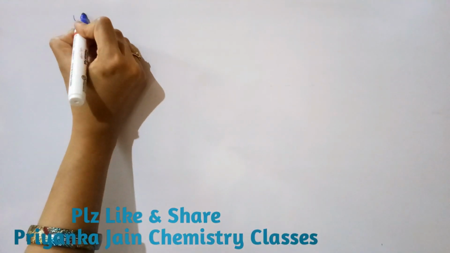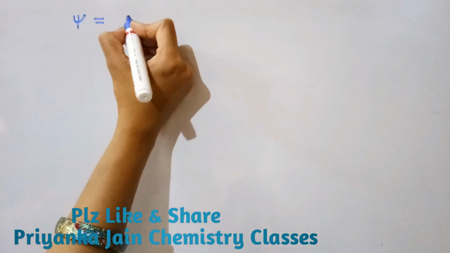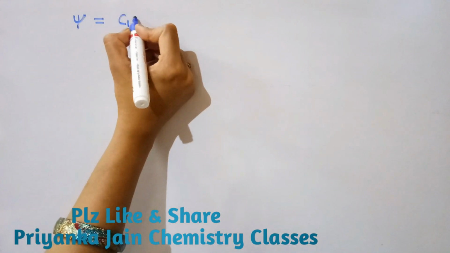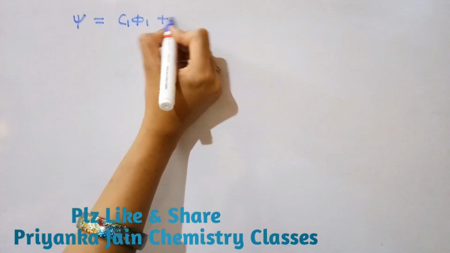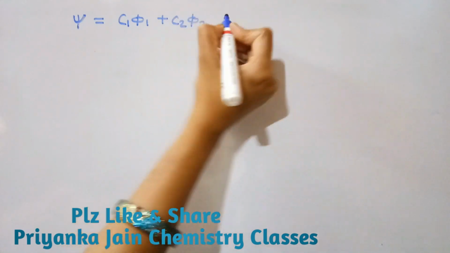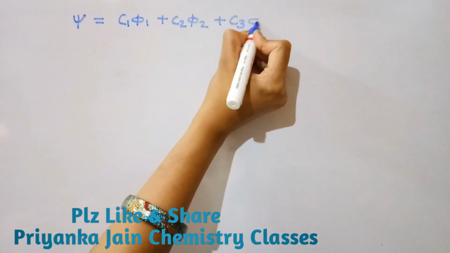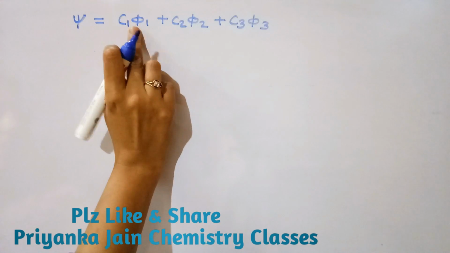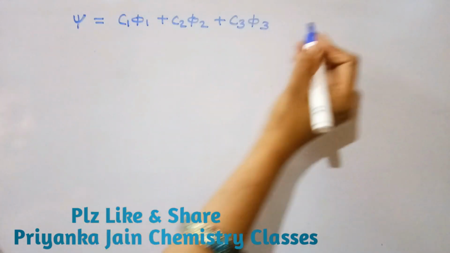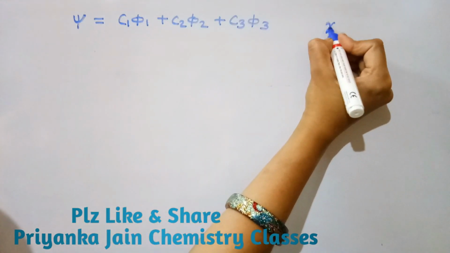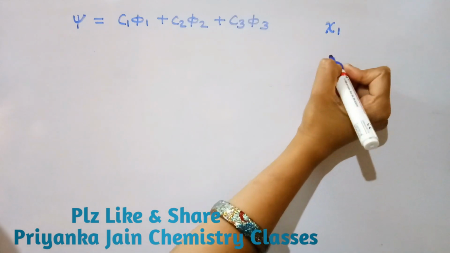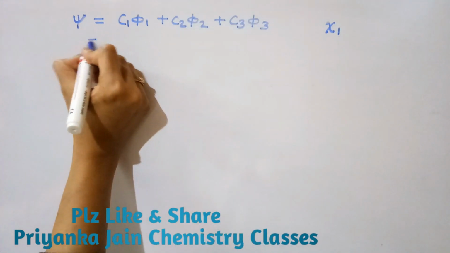Now we know that our wave function is a linear combination of C1 phi 1 plus C2 phi 2 plus C3 phi 3, and in this question we have been given chi instead of phi. So we have to write here chi1, chi2 and chi3, and put in the values.